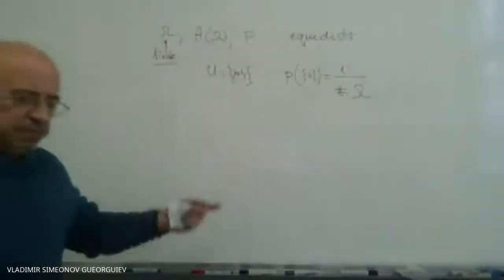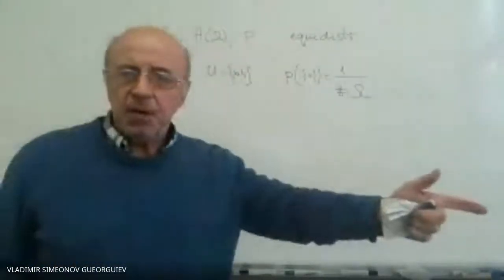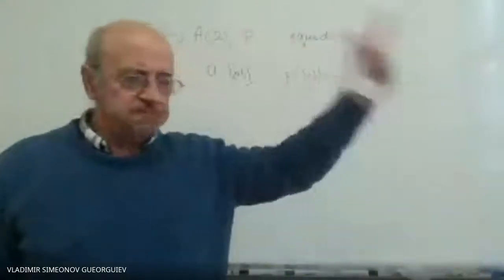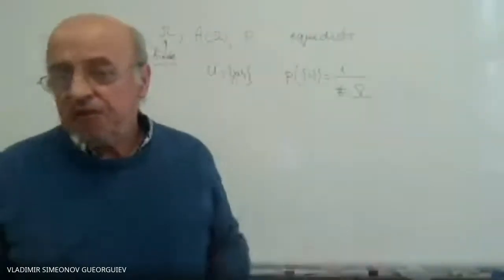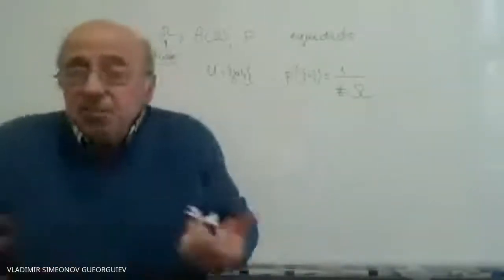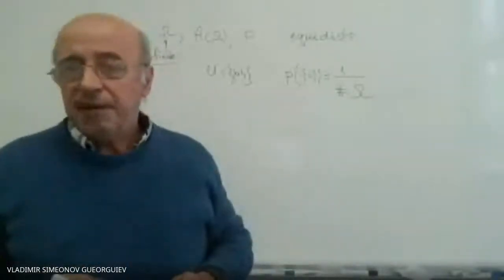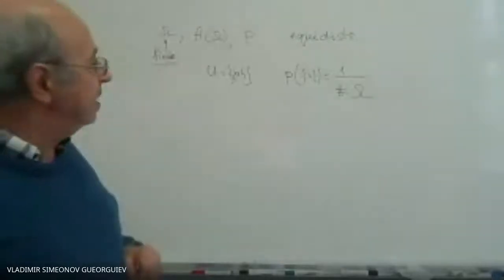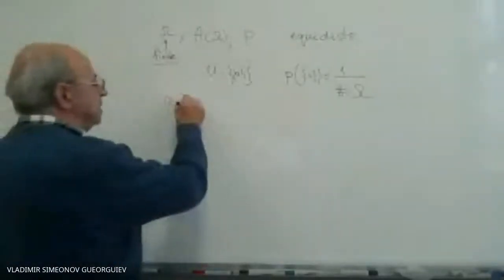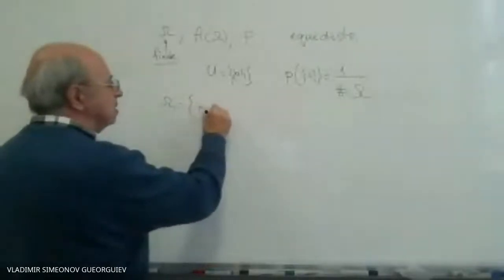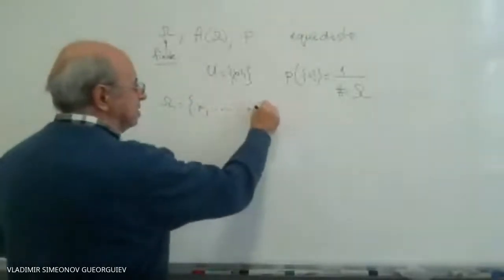So it is independent. If we speak about a person, this guy is young, but we know very well that some probabilities depend on the age. Therefore, we can have, for example, our omega with elements x1, ..., xn.